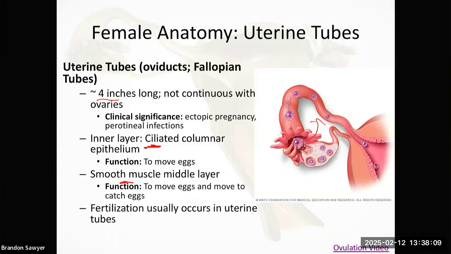So it's all smooth muscle. The function of that also helps to move the egg and move the whole tube towards the ovaries when ovulation occurs and catch that egg. And fertilization typically occurs in the uterine tubes, and then the fertilized egg makes its way down and eventually can implant in the uterus.